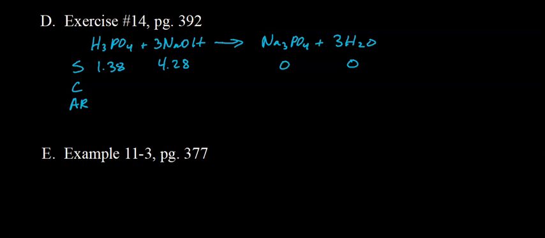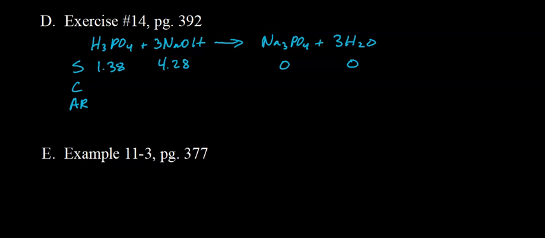So we have 1.38 moles of phosphoric acid, 4.28 moles of sodium hydroxide, and we have no water and no sodium phosphate. C is how much the amount changes by. So for reactants, the amounts are going to decrease. For products, the amounts are going to increase. And then AR after the reaction is complete. So again, this is not equilibrium, so it's not an E, it's after the reaction.